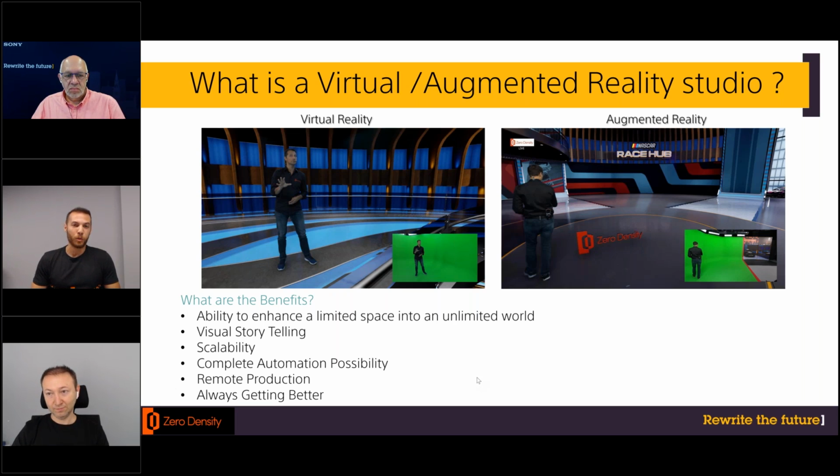For example, explosions, earthquakes, or some historical characters visiting the studio, maybe one character from 1000 years ago. Some of these things are completely impossible to do in the real world or too expensive, and we are able to do this in a seamless way, in an immersive way with our technology.